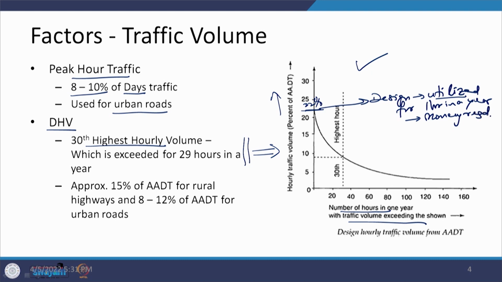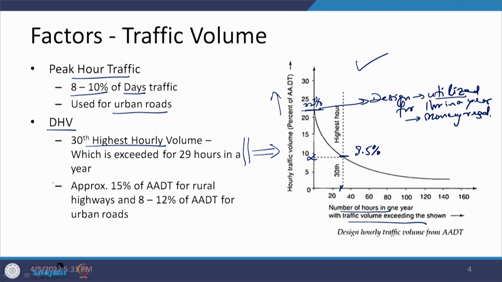Now, what is observed is that it is an exponential behavior, and there is a point below which it becomes more flattening. It has been found that the 30th hour in a year gives you a value somewhere around 8.5%, or 8 to 10%, and that is how we consider that this particular value is good enough for the design of any facility.